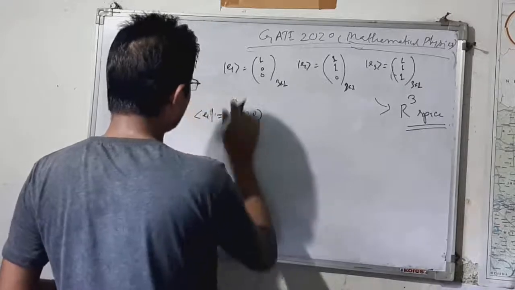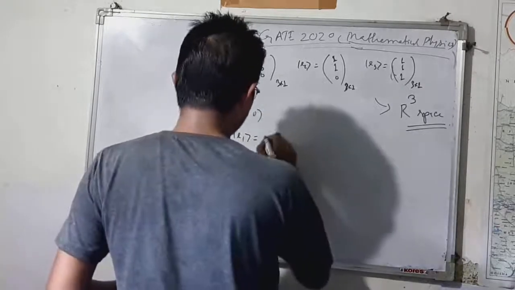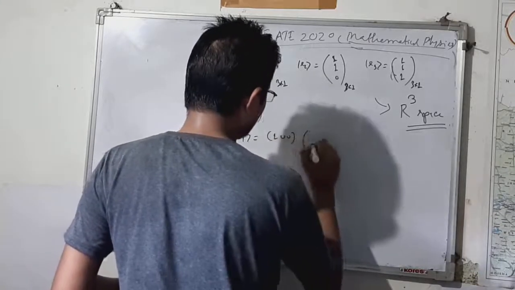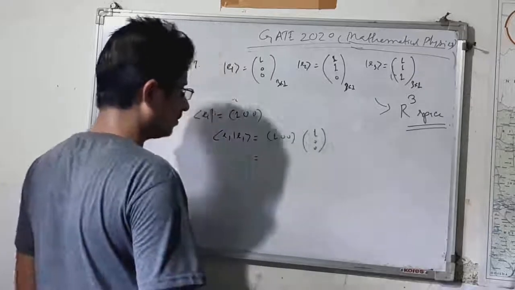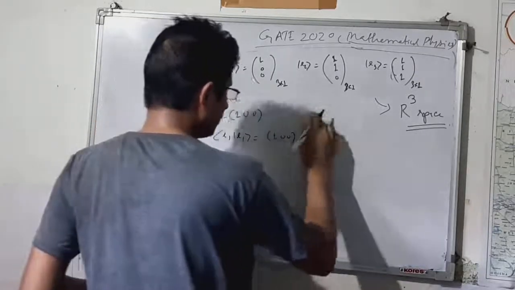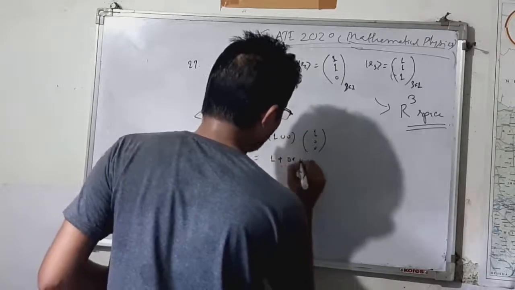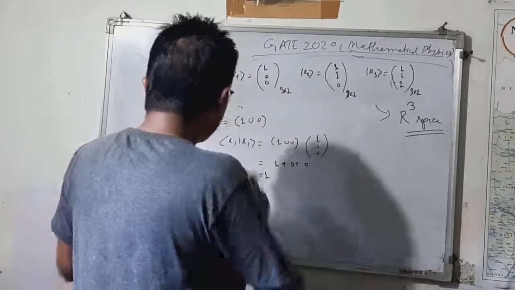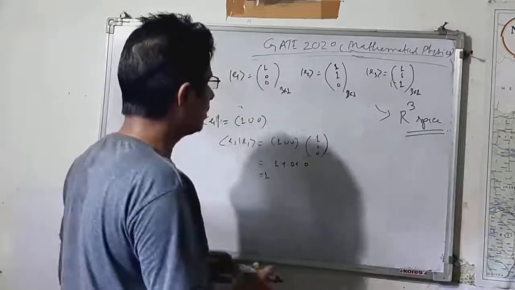The inner product is 1 plus 0 plus 0, so it is 1. So the inner product of e1 is 1, so obviously its norm will be 1.